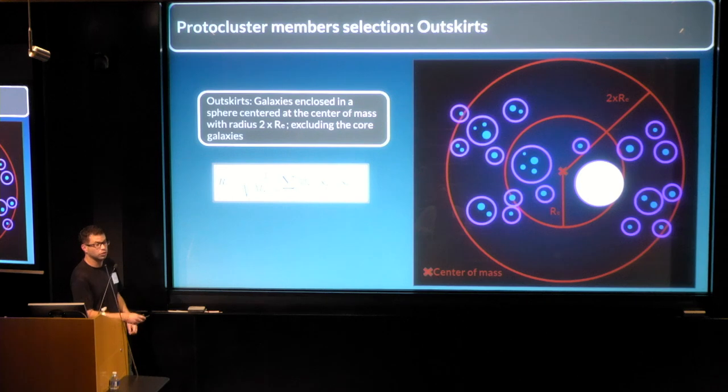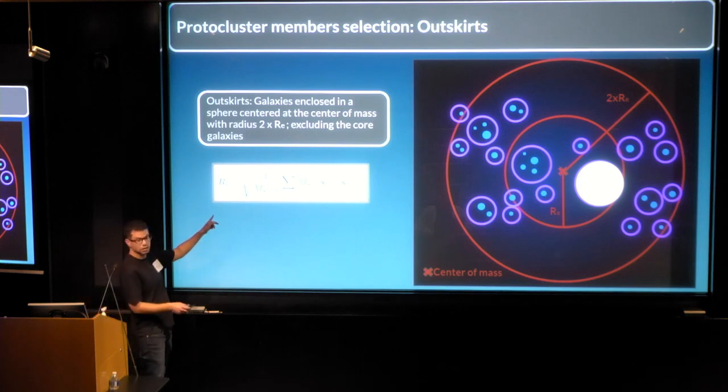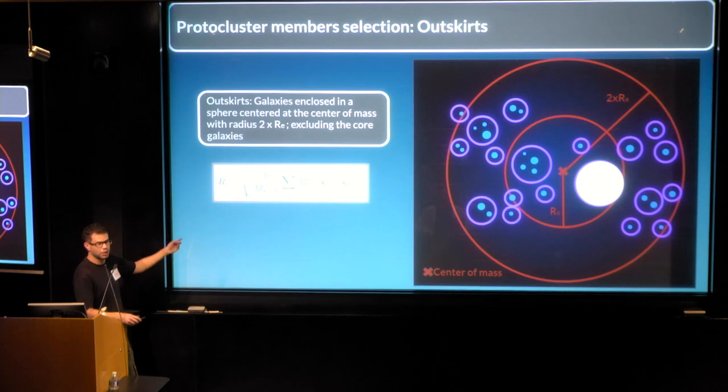In the case of protocluster outskirts, we define them as all galaxies enclosed in a sphere of twice the effective radius defined with this equation, which is actually the same radius that I showed you in the introduction in my first plot. The sphere is centered on the center of mass of the structure.